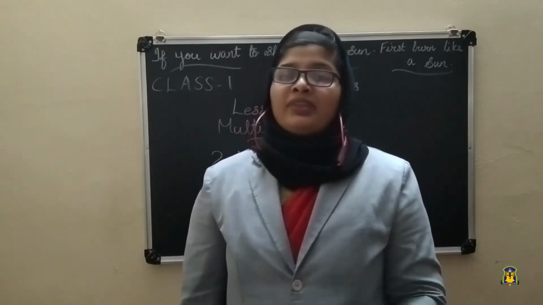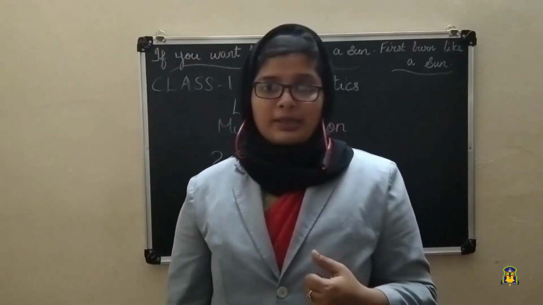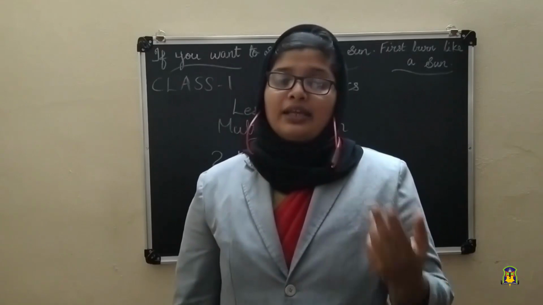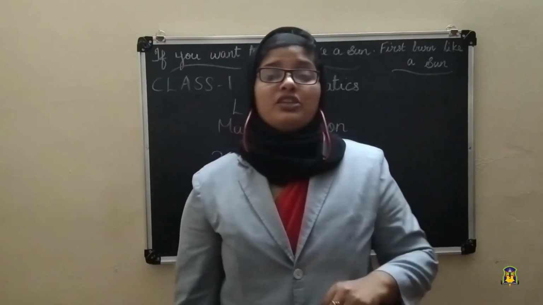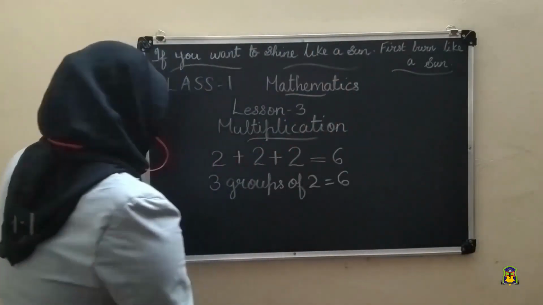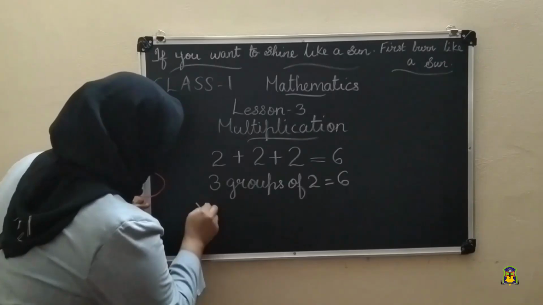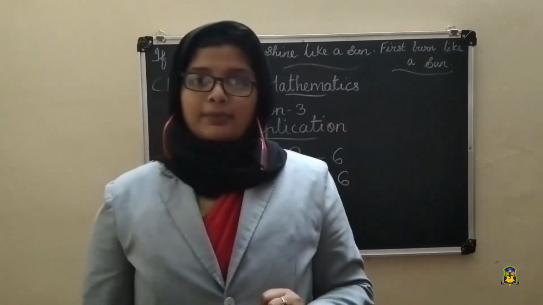Then here we are going to learn a new symbol for multiplication. We already studied in addition, plus is the symbol of addition. Here we are going to learn a new symbol. This is the symbol used for multiplication.